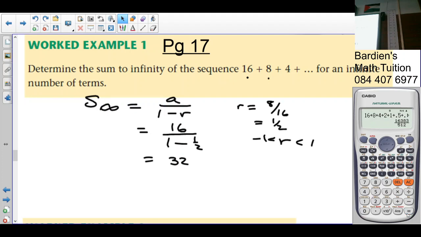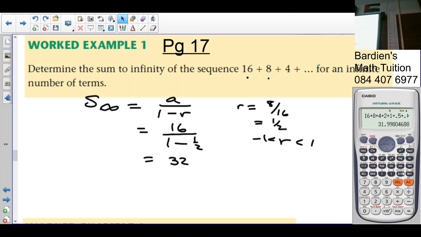What do you notice? It's coming closer and closer and closer to 32. It comes so close to 32 that at the end we just say it is 32. Can you see that, people?